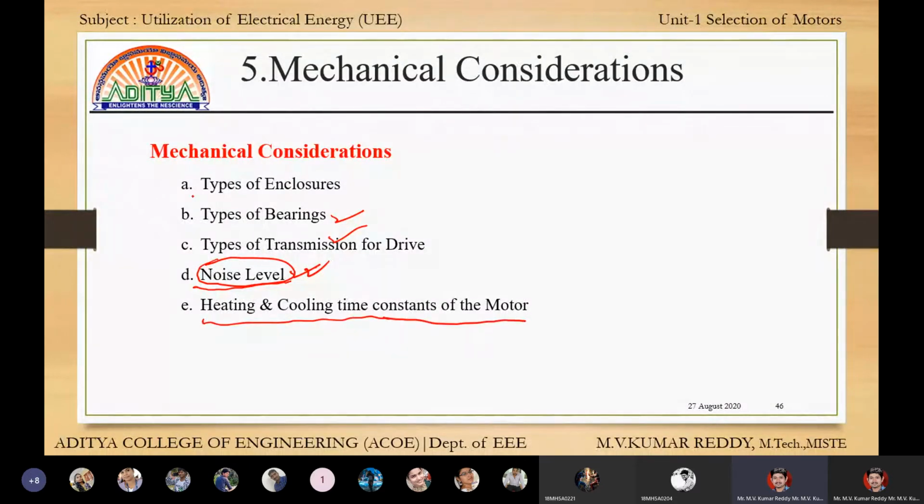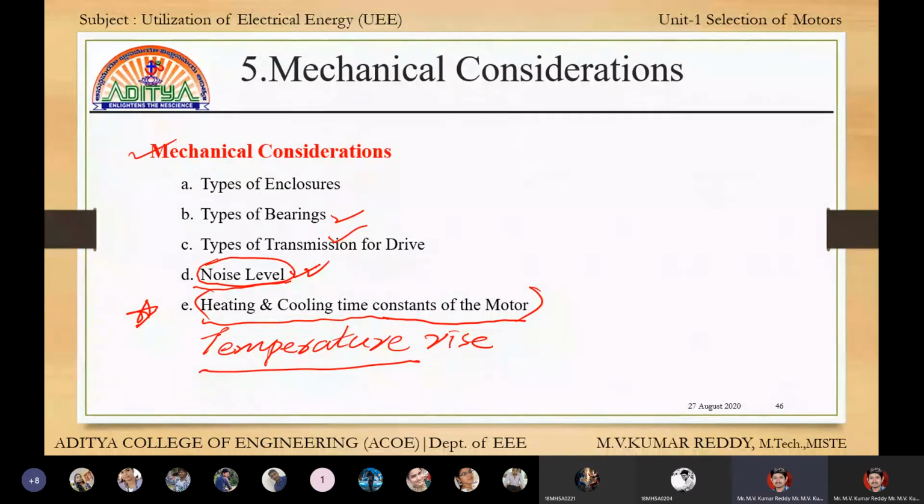This is the most important topic, and in the syllabus it is called temperature rise. The main topic is temperature rise, and in brackets, heating and cooling time constant of a motor.